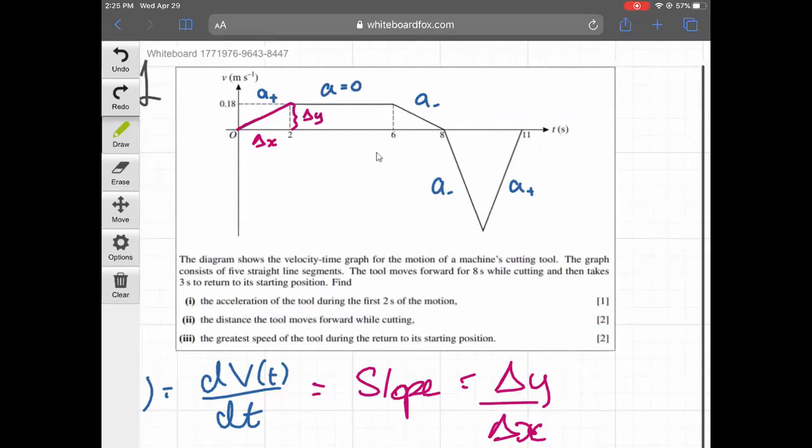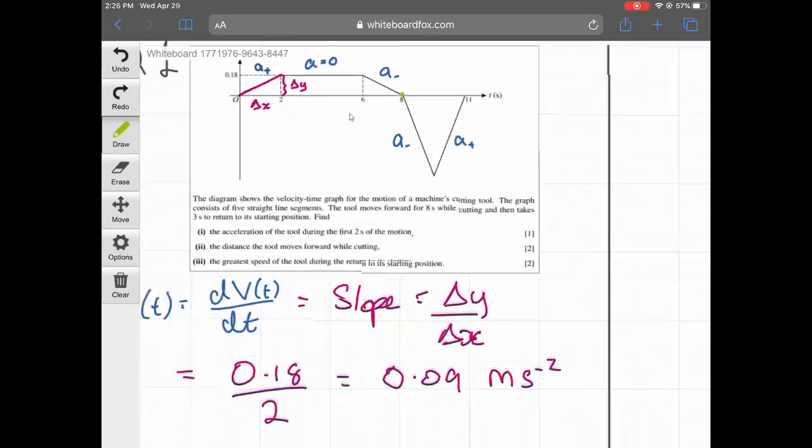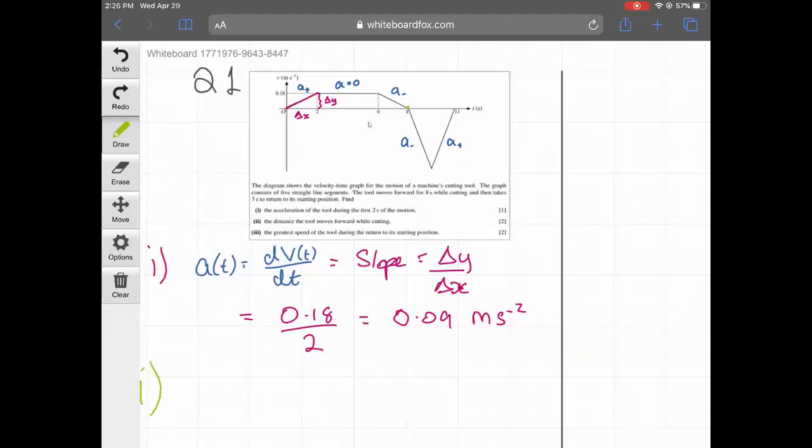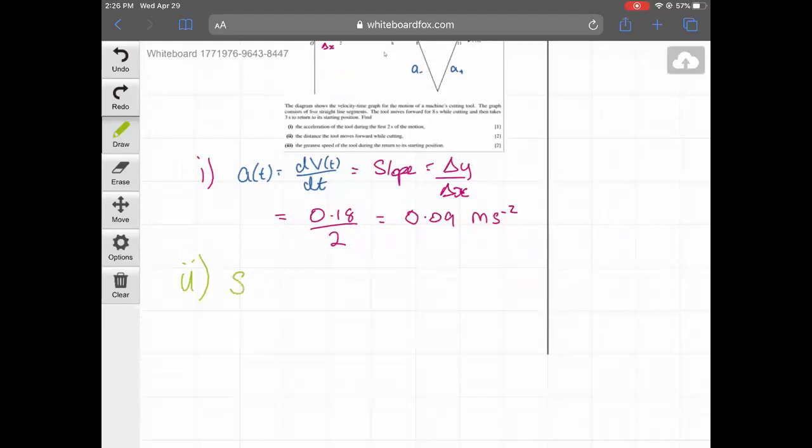So actually, I need to find the distance it's traveled in the first 8 seconds, because that's all got a positive velocity. The tool will be moving forwards throughout that whole time. So from 0 to 8, I need to calculate how far it's moved. And the distance is the integral of velocity over time.